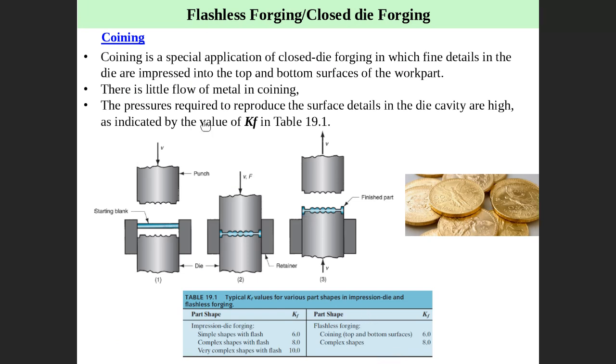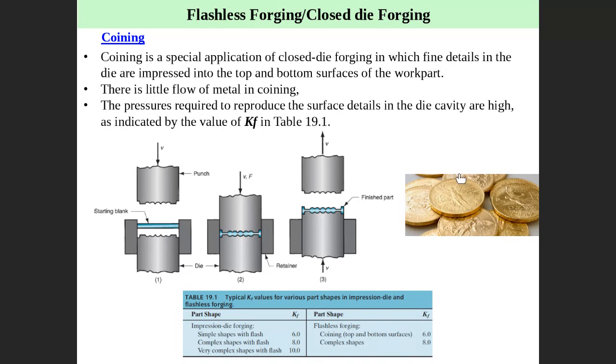An example of closed die forging is coining. Coining here, material will flow. This is the initial part, that is a workpiece. You put it here and you apply pressure, material will flow, and finally you deform material to the final shape, no machining, no additional work actually. This is done and final.